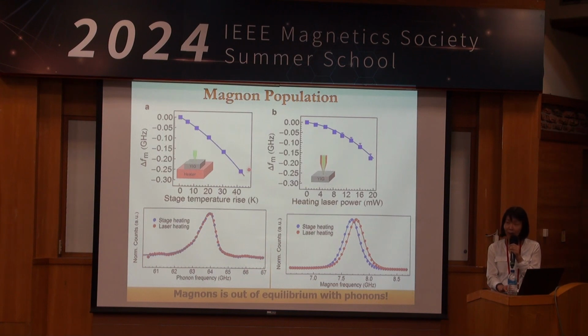I do the same for the phonon, and then I create a spatial non-equilibrium and measure the magnon frequency again. Then I can characterize the magnon temperature that way, due to heating. Then I can compare the local phonon and local magnon temperature and ask, are they out of equilibrium? Under what condition? So this allows me to do some basic understanding of non-equilibrium phenomena in materials.